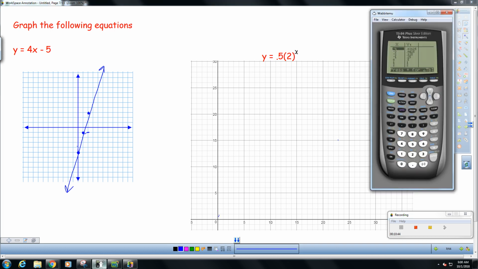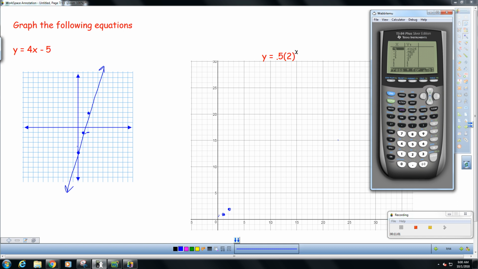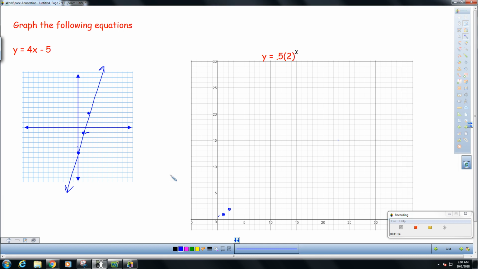At 1, we have 1. At 2, we have 2. It is geometric. Very good. Let's get our calculator back up if we can. Come on, just work. Scroll down. Three is 4 and 4 is 8. So over 3 up 4, over 4 up 8, and now I start to see that it's exponential. Okay?